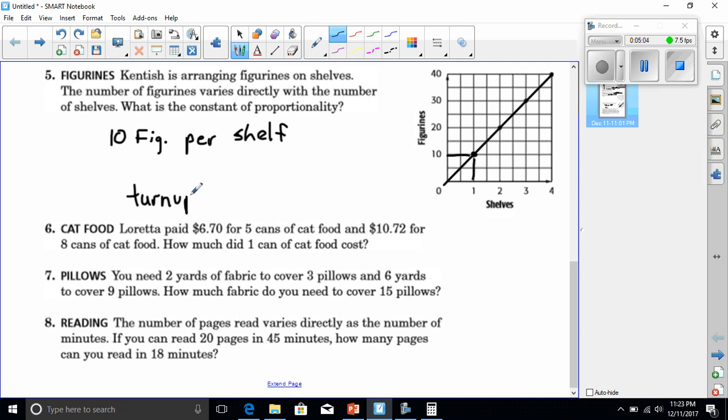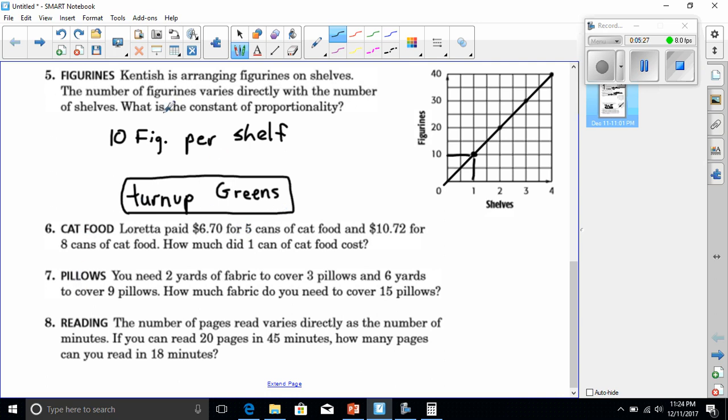Turnip, we're going to spell it funny, greens. All right? So I want us to go ahead and put turnip greens as our code word. Okay? And if you have that on there, when you turn this paper in, I'm going to have to go ahead and reward you with a treat.